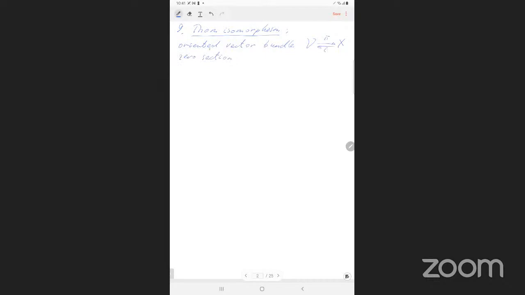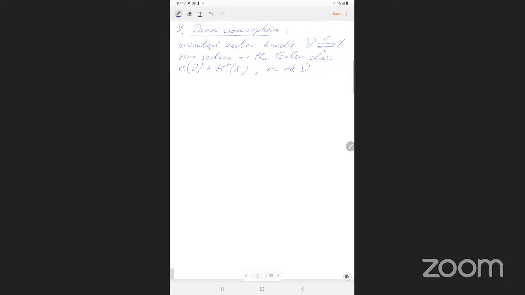And then we have the Euler class, let's denote it by e(V), and this is a class in cohomology of degree r, where r is the rank of V. We studied this in the basic topology course maybe 2 years ago or something like this, so let me not go over it again.